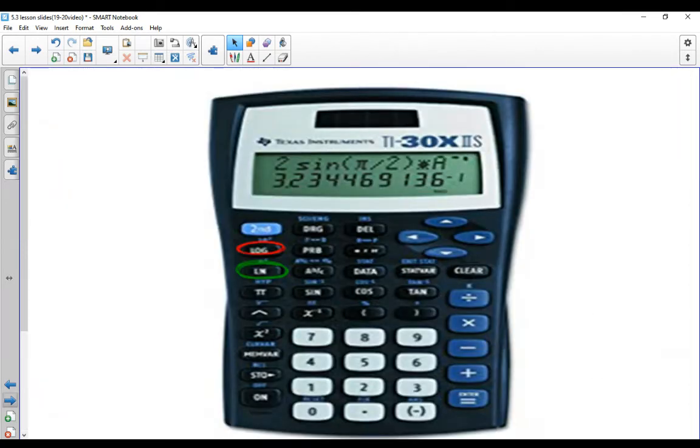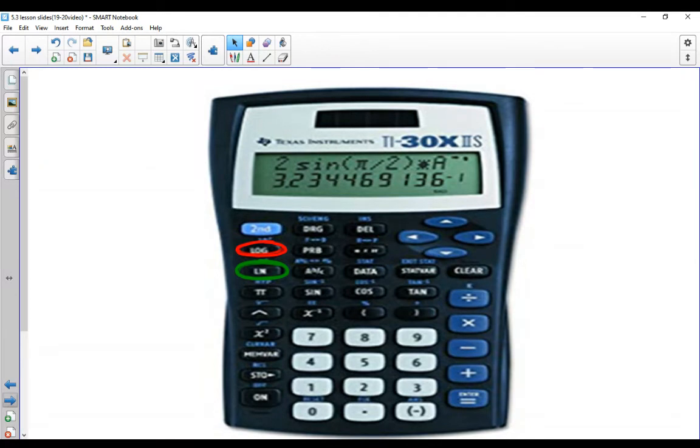If you have your calculator with you, I want to point out these 2 buttons here, the log function and the ln function. Now, some of you are probably thinking, Miss Shulin, if log was in our calculator, why didn't you just teach us to use our calculator? Well, here's the thing.